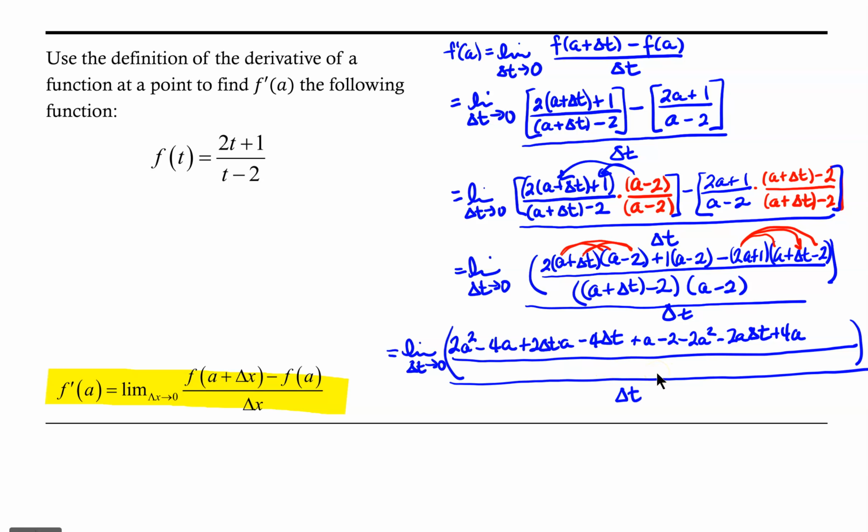So where we were was we needed to multiply, now distributive property, 1 times each of the components of our remaining parentheses. We have a minus in front of it, so negative 1 times a is going to give us a minus a. Negative 1 times delta t is going to give us a minus delta t, and negative 1 times negative 2 is going to give us a plus 2.